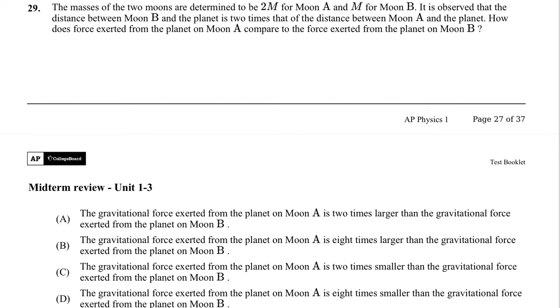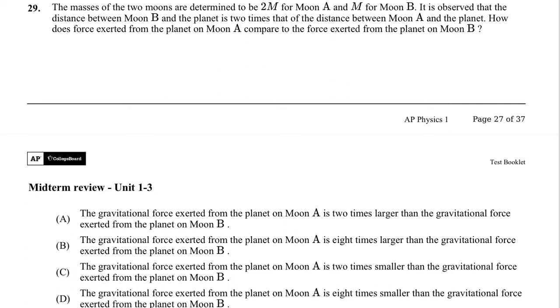Number 29, we did this in class for a warm-up. The masses of two moons are 2m for moon A and m for moon B. I'm just going to do a really quick rundown because most of us did it in class, but we're going to recap it.